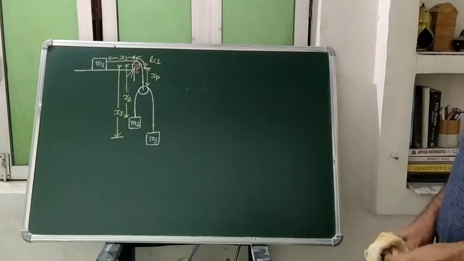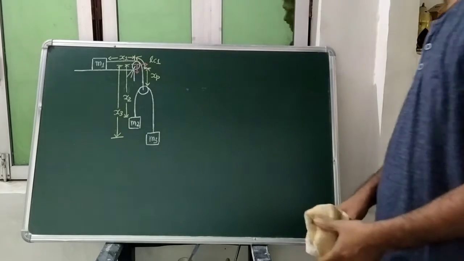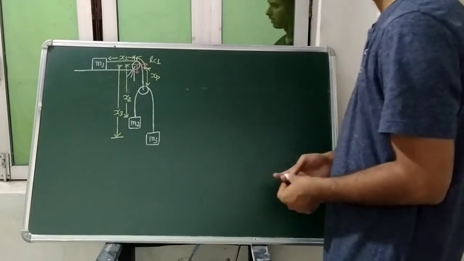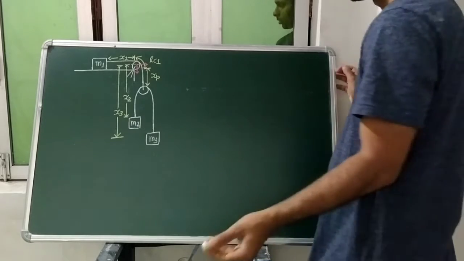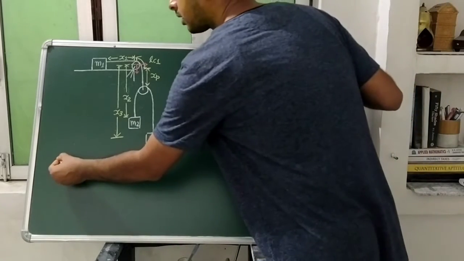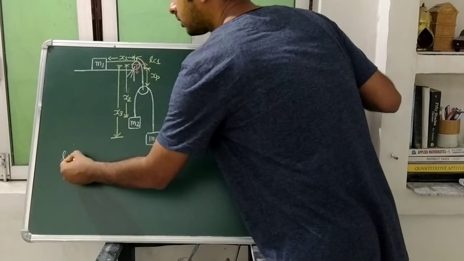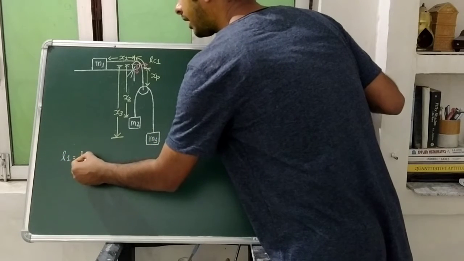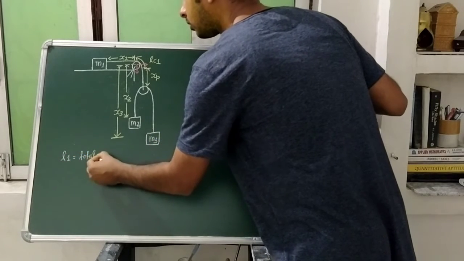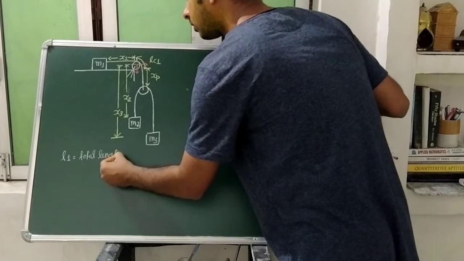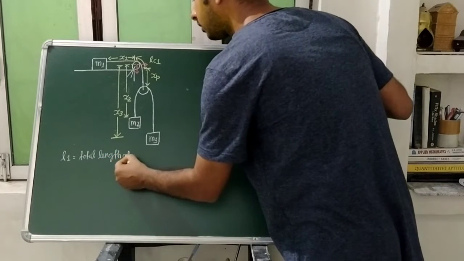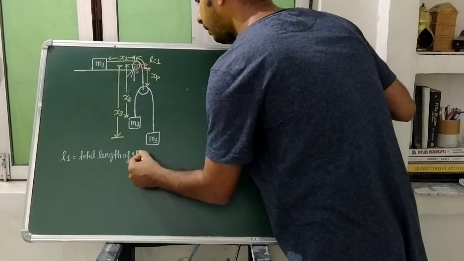So students, we have written the lengths of the strings from that fixed point. Suppose L1 is the total length of string 1.